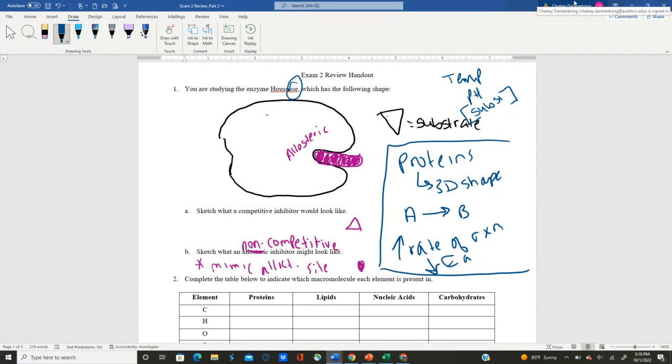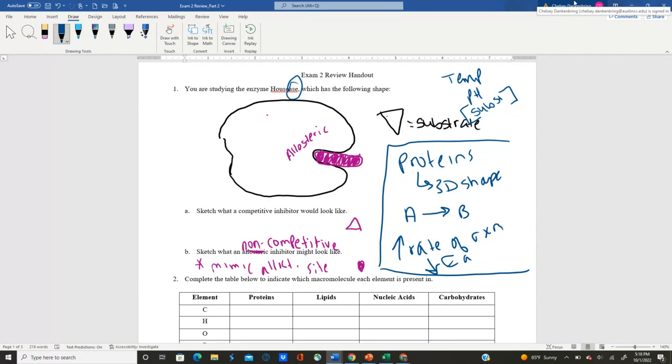Because remember, proteins are held together by disulfide bonds, by ionic bonds. So if you throw in a lot of extra ions to the mix, there's going to be a competition. And eventually, if there's too many positively charged ions in the solution, then the ionic bonds of the protein are going to get broken, okay? And that's going to cause the enzyme to fall apart.